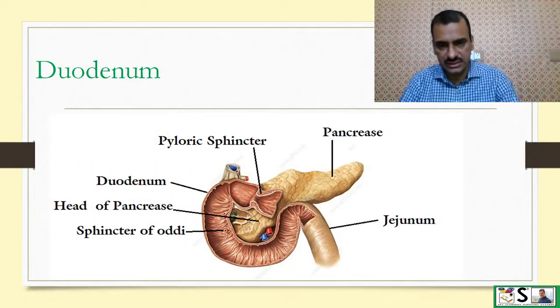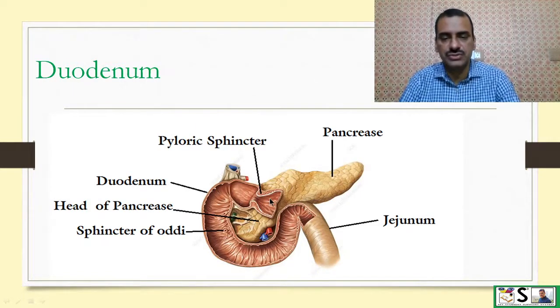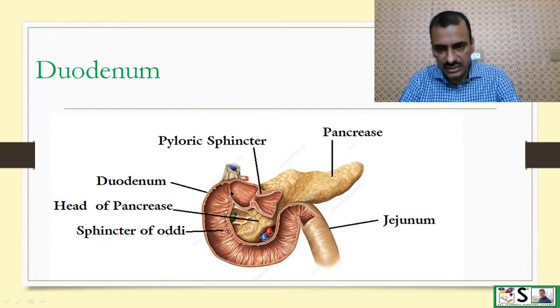Here you can understand that this is the pyloric sphincter. This is part of stomach, and here duodenum starts. It is curved, only 25 centimeter up to here, and it curves around the head of pancreas.